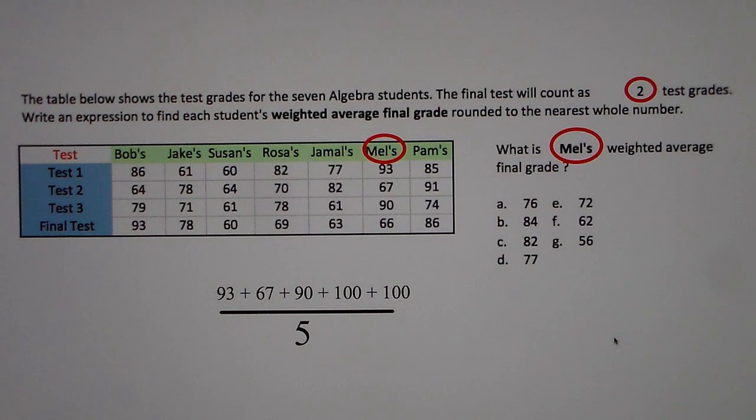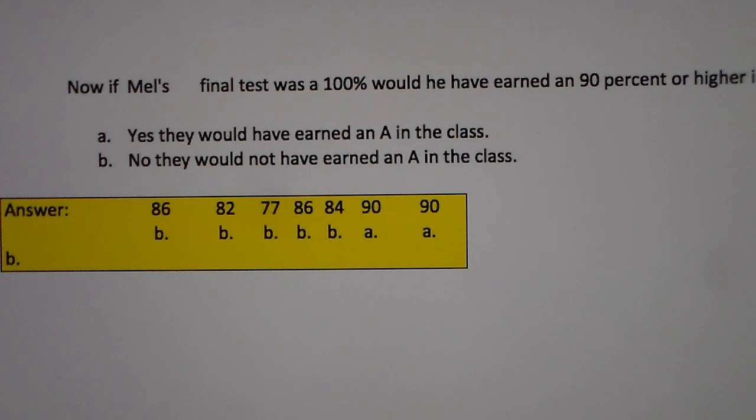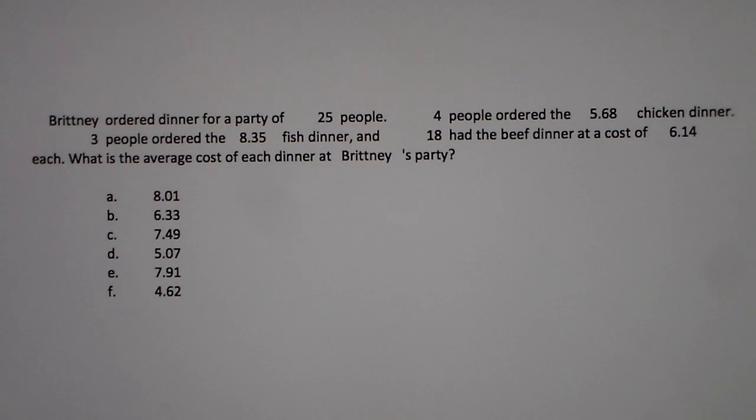So we got the 93 plus the 67 plus the 90 plus the two 100s. Let me divide that by 5, and we should get 90 as an answer. So Mel will earn 90.